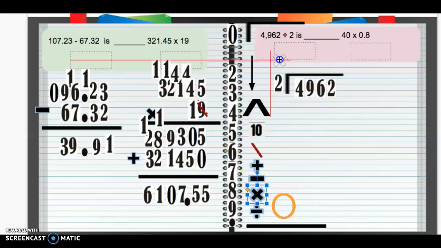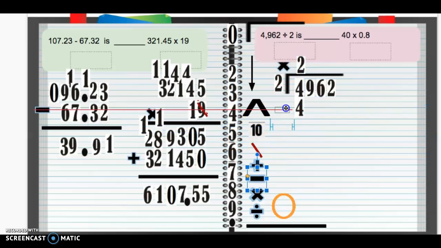And now we have to ask ourselves, how many times can 2 go into 4? Which is 2 times. So you put your 2. 2 times 2 is 4. We'll subtract and get 0.